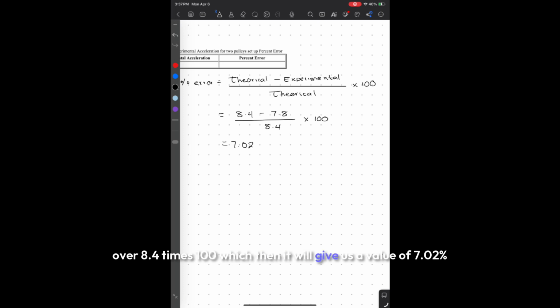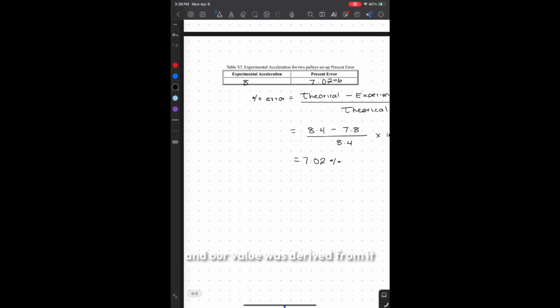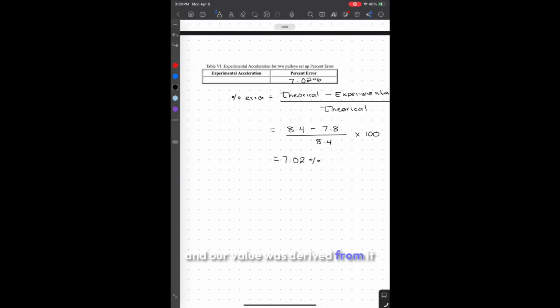That will give us a value of 7.02% error. This is achieved by putting it in the calculator, and our value was derived, once again, from the m value of our graph.